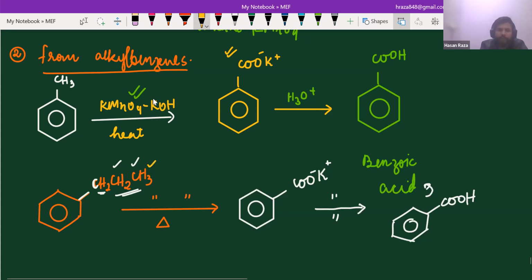If you are going to remove this hydrogen, first write it, then I will slide it down and then explain. Let me know when you are done.